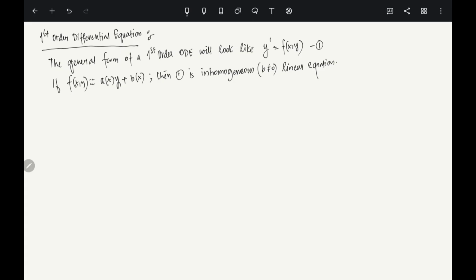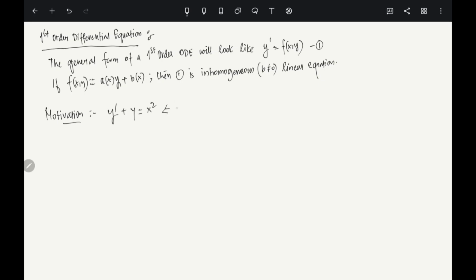Now it may happen that f of x, y may not be linear in y, so basically it can have y square, y cube, that sort of thing. As a motivation for what we are trying to do in this part, let's look at y prime plus y equals x square.